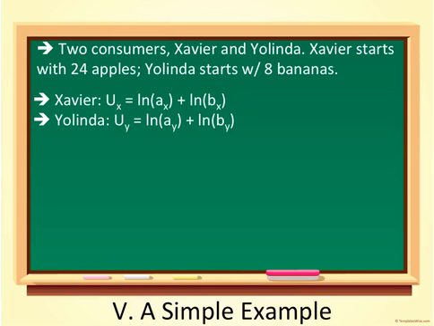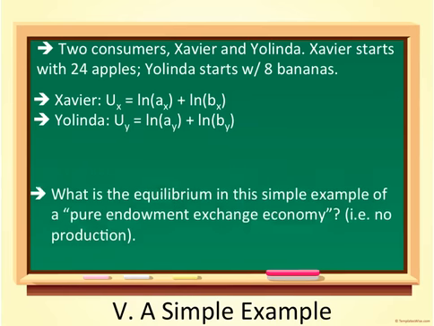So what that's saying is, once Xavier completes his transactions and he has however many apples and bananas he's going to eat, ax is the number of apples Xavier eats, bx is the number of bananas Xavier eats, you compute the number of utils that consumption yields him by taking the natural log of the A plus the natural log of the B. Okay. Yolinda, quite similar, just you have Y's as the subscripts instead of X's.